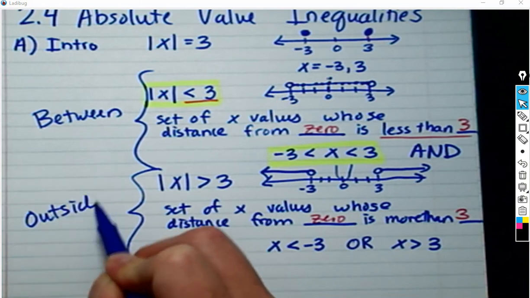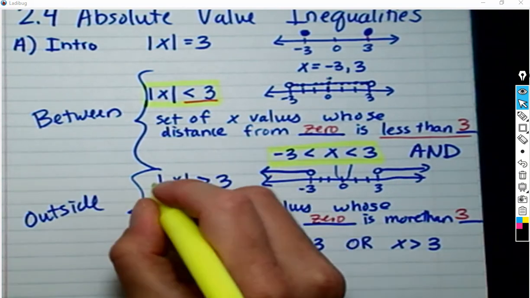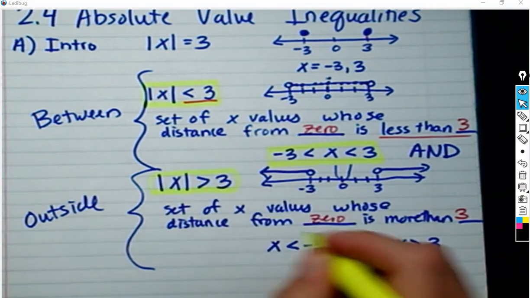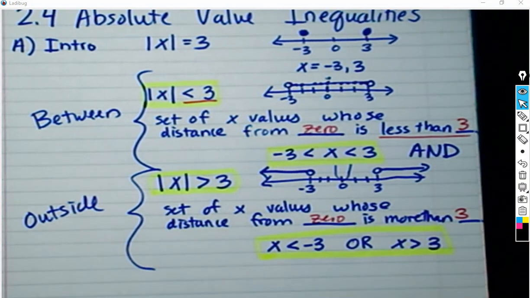The greater than turns into the 2 parts, the ones that are outside the endpoints, based on how we interpreted and figured out what numbers actually make sense.